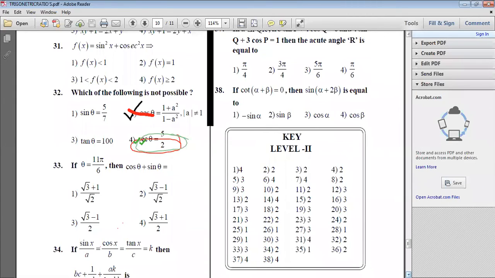Because cos theta is never more than 1. So, in the second option, if you observe, they have given that cos theta is equal to 1 plus a square upon 1 minus a square.